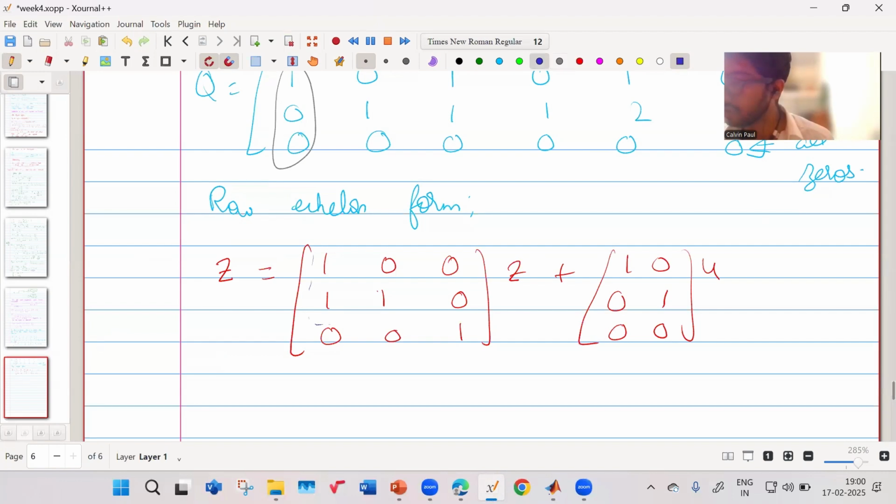So this part and this part, these form what is known as the controllable matrix, right? And this is the uncontrollable part. These are the uncontrollable parts. Okay. So that is shown over here.